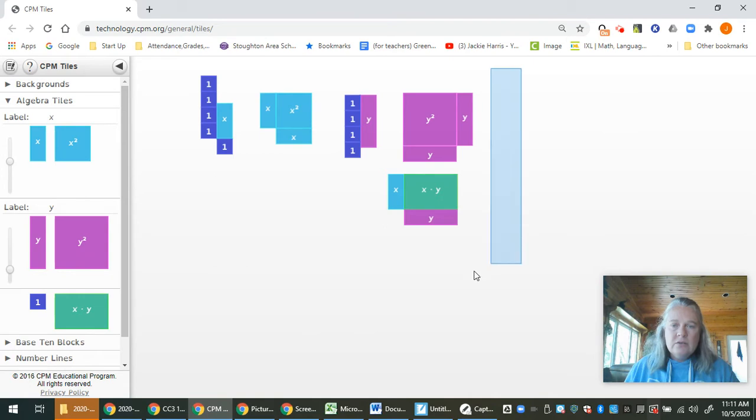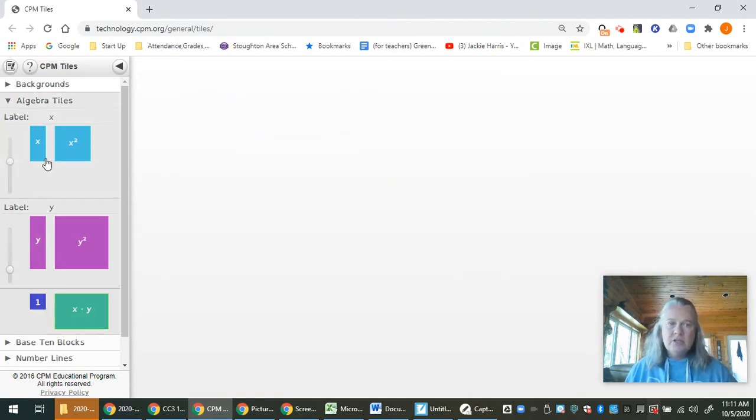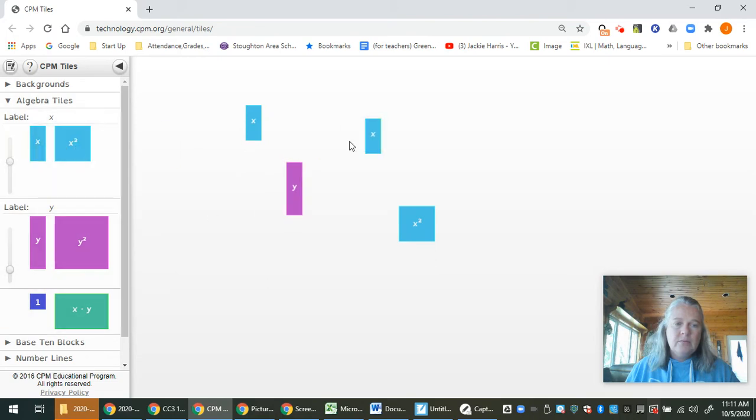So what we can do is we will take a bunch of tiles and just pull them out here randomly. And what happens is we can simplify this by going, okay, well, I have a 1 and an X and a Y and a Y and a 1 and an X, a 1, and X squared.